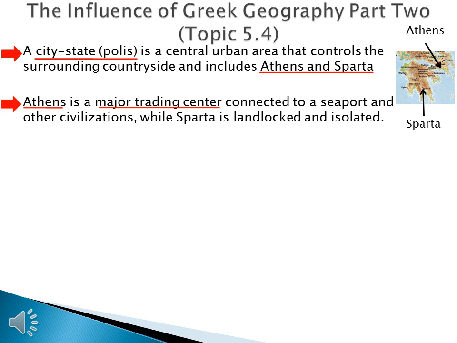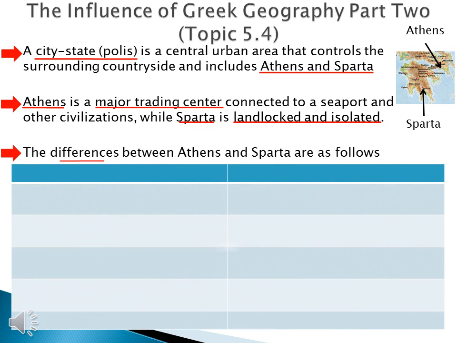Athens is a major trading center connected to a seaport and other civilizations. In other words, Athens is connected to the rest of the ancient and classical world, while Sparta is landlocked and isolated. This will allow for the development of two completely different city-states.